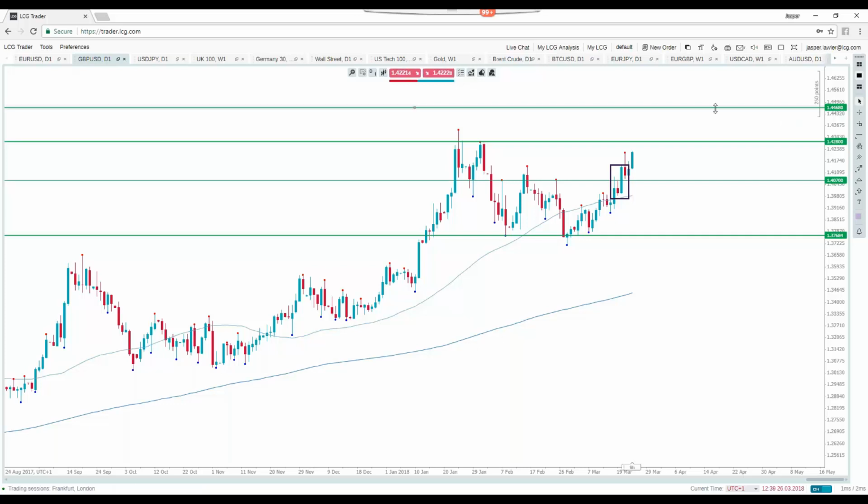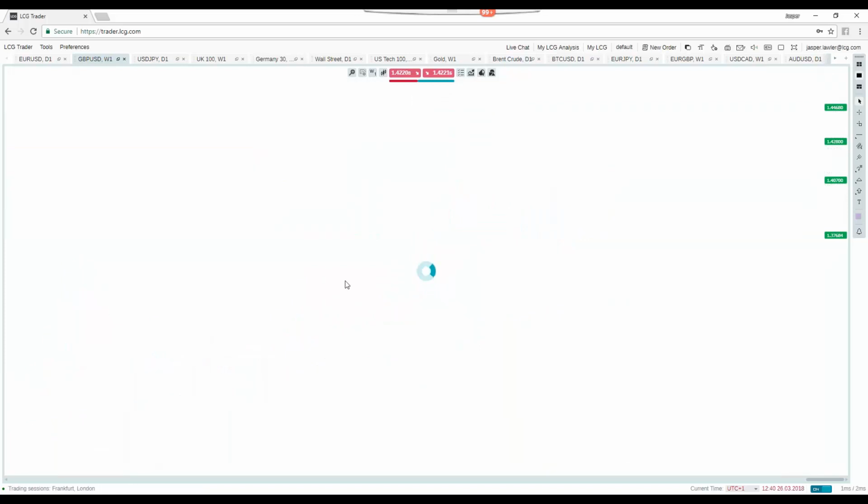144.68 is a bit of a random level I've got up the top here, but that's basically the weekly opening and closing price on the week of Brexit. So that just could be an interesting one where the market could stumble. I'll show you that on the weekly chart there as well while we're here.